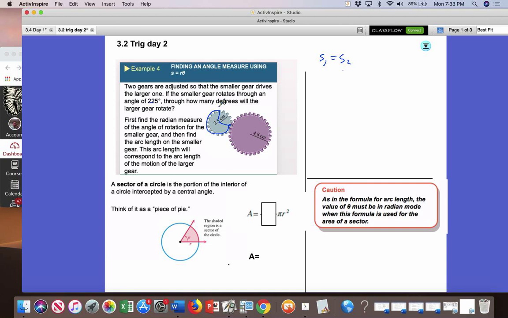Okay, so I'm going to say R, 2.5 times 225 times pi over 180. That is radius times theta.